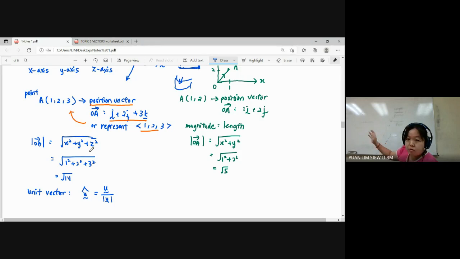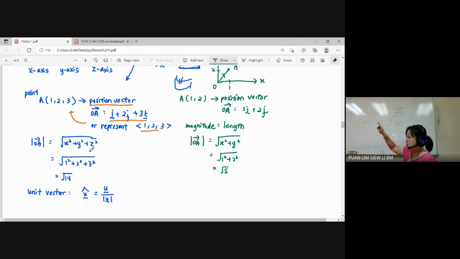But when we come to 3 dimension, 1, 2, 3, they were going up. 1, 2, already here. 3 means 1, 2, 3. So the point is floating at here. So it will be a 3-dimension vector. So OA is here. So you're coming out like this. OA, 3 dimension. So just now we calculated the magnitude is square root 14.